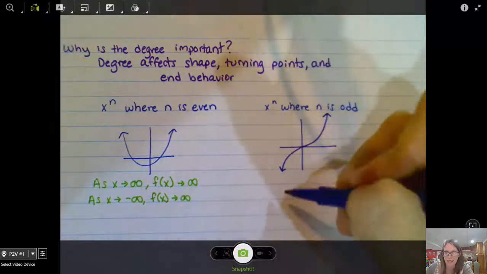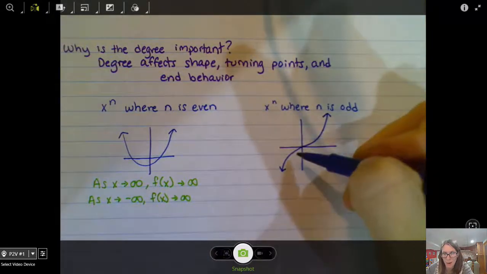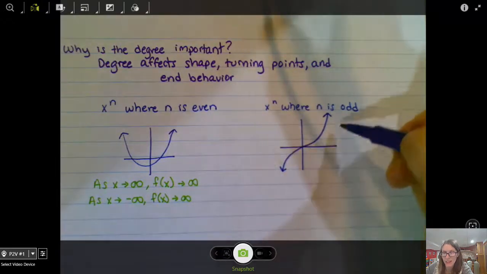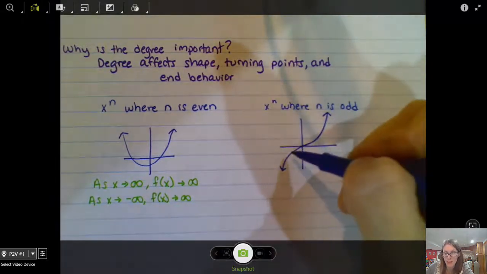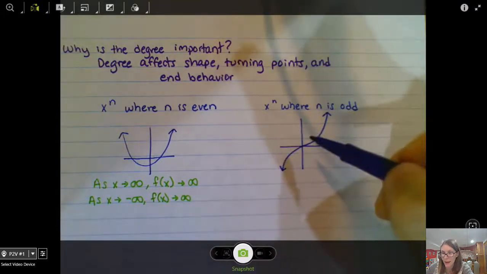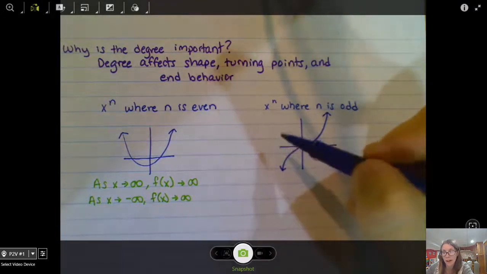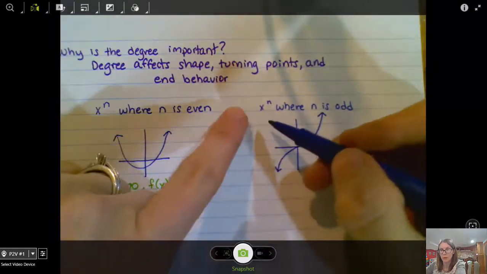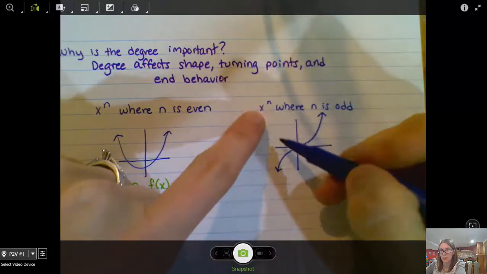This is what x to the 3rd power would look like. Our graph kind of levels off near the origin, but this end on the right goes up forever, this end on the left goes down forever. Now if I had a negative out front, again this would reflect, so my end here would be going up. My graph instead would look like this.